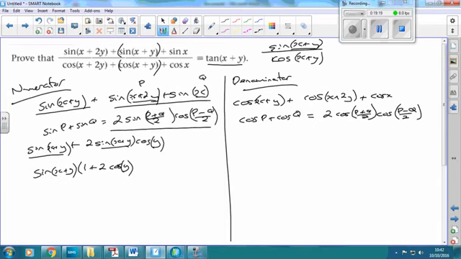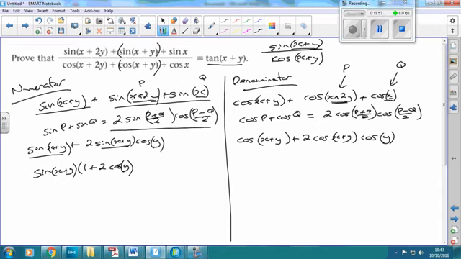So let's see how that works out. Here we're going to let this thing be p and this thing be q. We've got cos of x plus y plus 2 cos of x plus 2y plus x divided by 2. Again, it's going to be x plus y. And if we do this thing minus this thing divided by 2, it's going to be cos y.